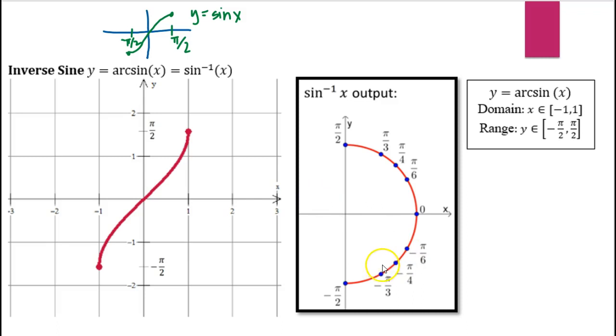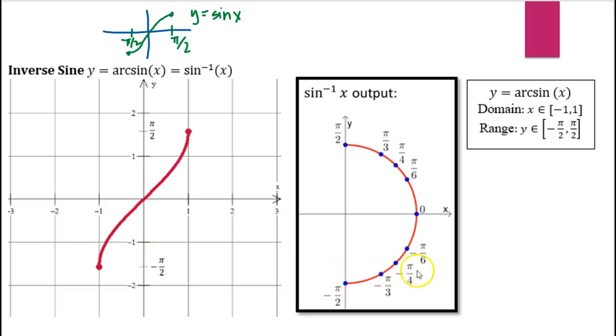If I look at what that represents on the unit circle, that's going to be quadrants 1 and 4. But we have to be careful when we think about quadrant 4, because the angles actually have to be the negative versions of the angles in quadrant 4, because of how this inverse sine function is defined.